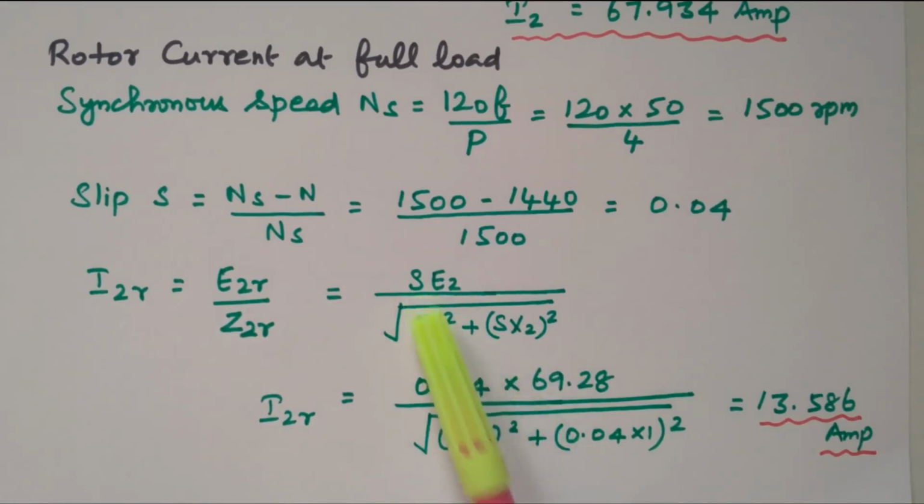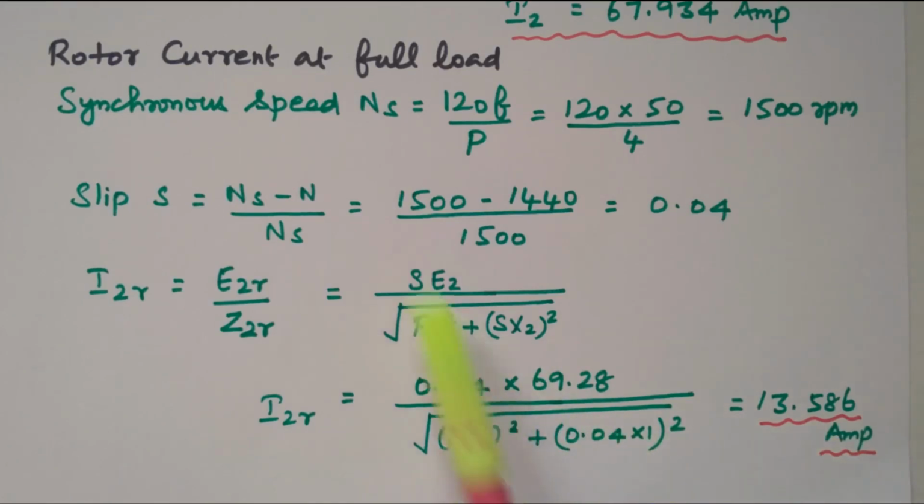Here we are referring to the slip. Now all these data are available, we can substitute. I2R equals 0.04, the slip of the induction motor, into E2, which we calculated as 69.28, divided by square root of resistance 0.2 square plus (slip 0.04 into reactance 1) square. By simplifying this we got 13.586 ampere.